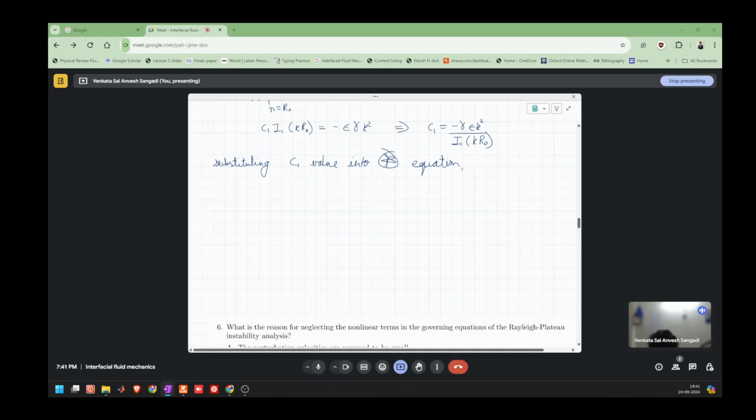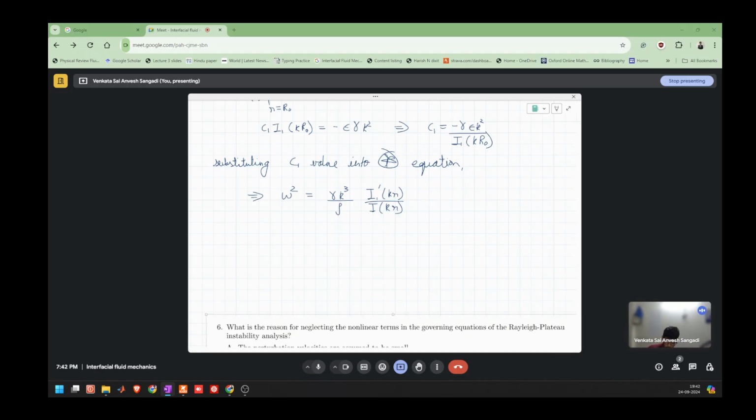Then we get omega square is equal to gamma k cube by rho, I1 dash kr by I1 kr.